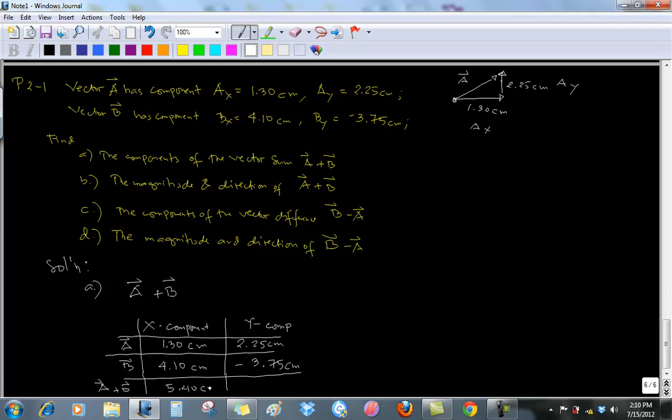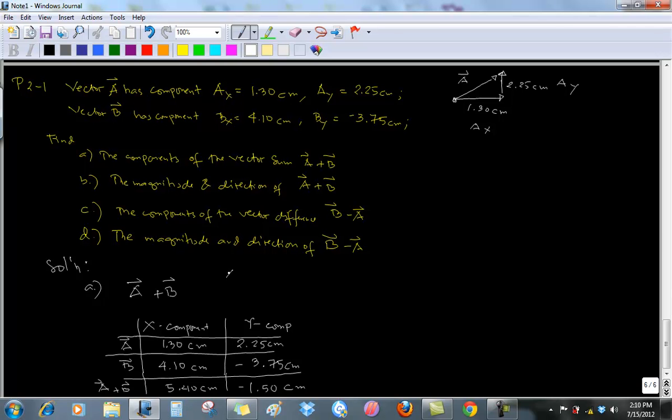For y, 2.25 minus 3.75, or plus negative 3.75, the answer is negative 1.50 cm. So the answer for letter A, the components of the vector sum A plus B, the x component is 5.40 cm.